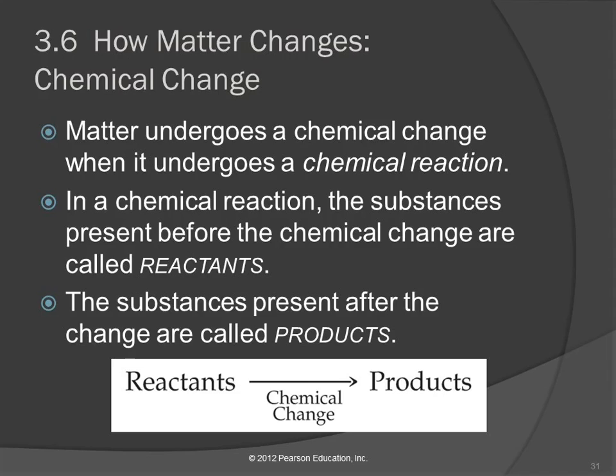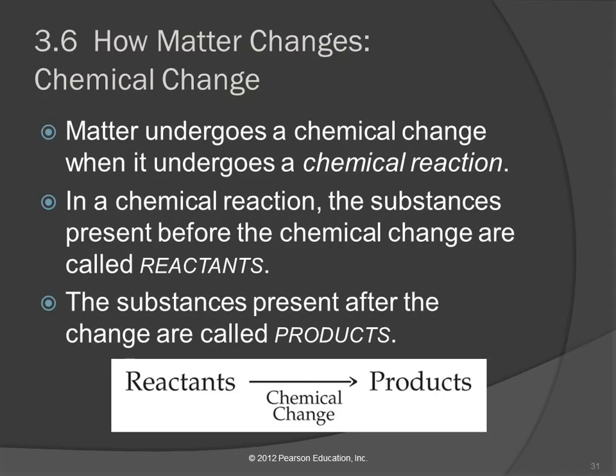So when matter undergoes a chemical change, we say it undergoes a chemical reaction. So chemical change and chemical reaction mean exactly the same thing. So in a chemical reaction, which of course, this being chemistry class, we're going to be talking about, you have the things that you start with and the things that you end up with.